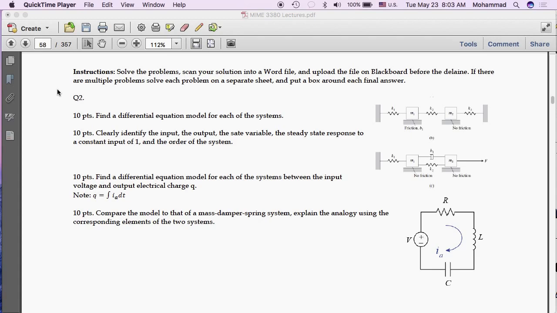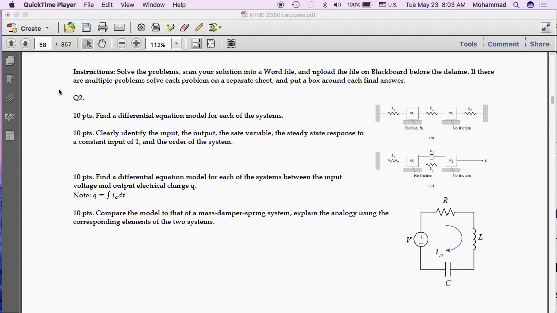Now the third question asked about finding the differential equation for this system, for this electrical system, between the input voltage and output charge. If you remember, so let's go ahead and write the differential equation for this system.